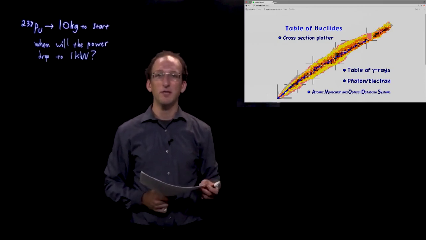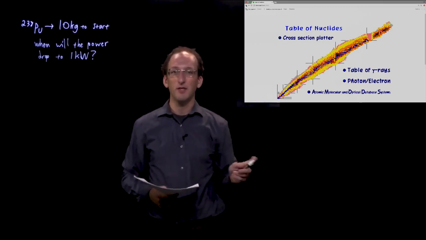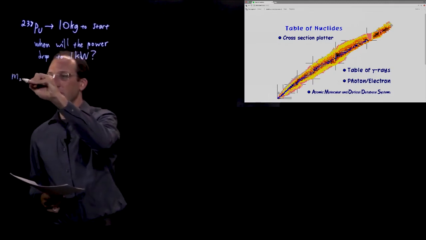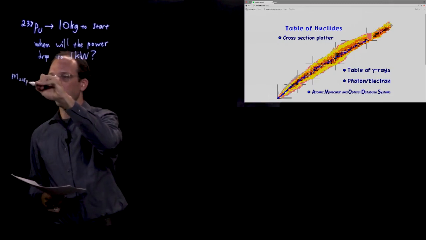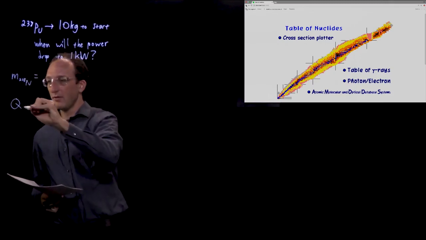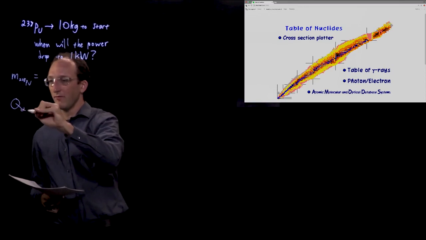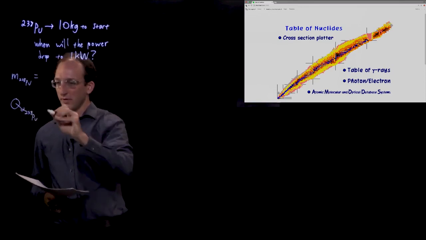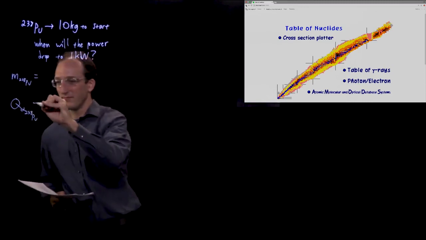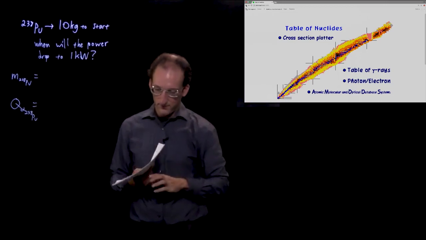Since we're also going to need its molar mass at some point, let's write down its mass just to make sure. So first we'll grab two quantities, the mass of plutonium-238 and the Q value of alpha decay of plutonium-238. Nuclear is kind of known for its huge amount of subscripts, so this is perfectly normal.